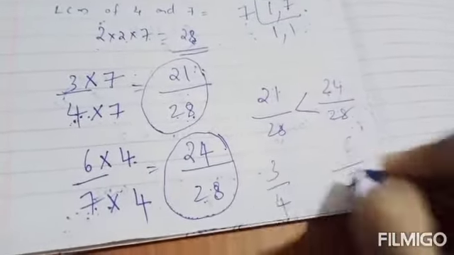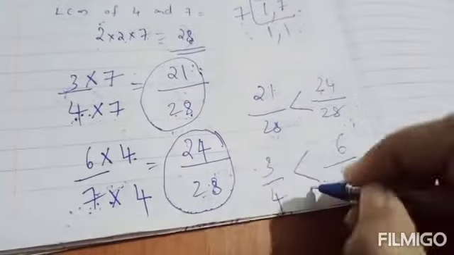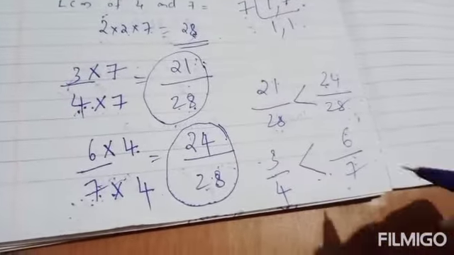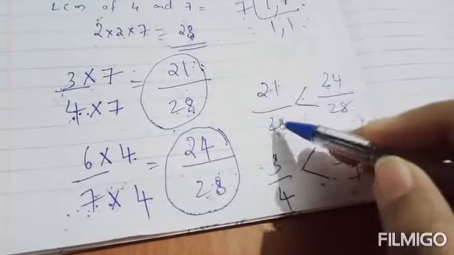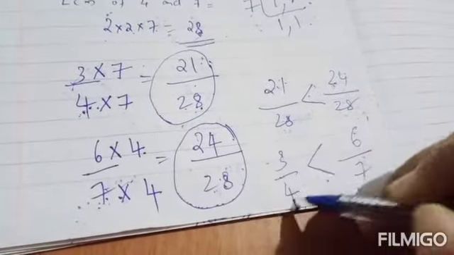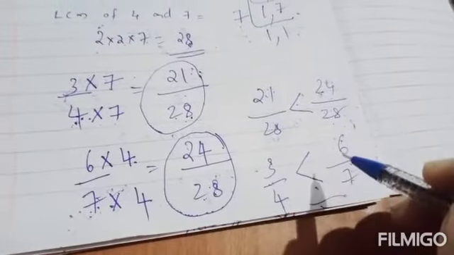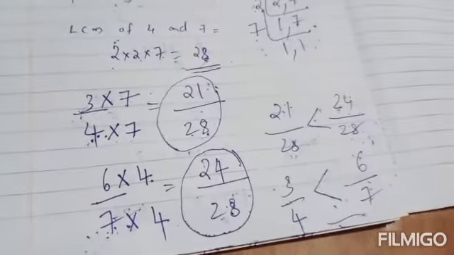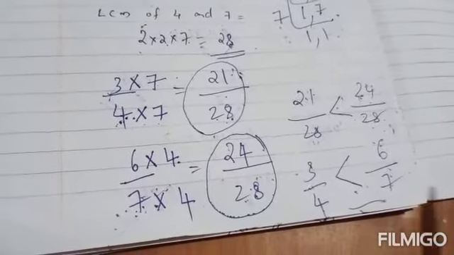So which fraction among these will be greater? 3 by 4 will be less than 6 by 7. The same thing you can use: if 21 by 28 is less than 24 by 28, then 3 by 4 will be less than 6 by 7. This is how to do the comparison of fractions with unlike denominators and unlike numerators.